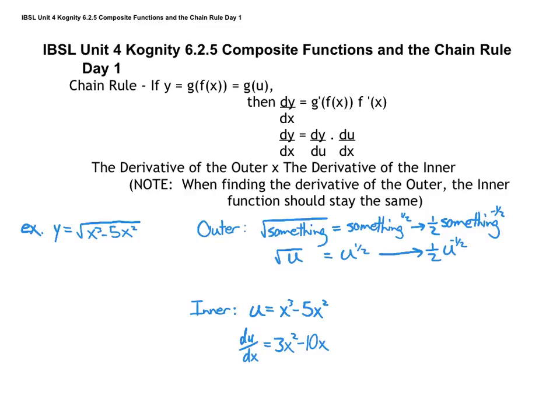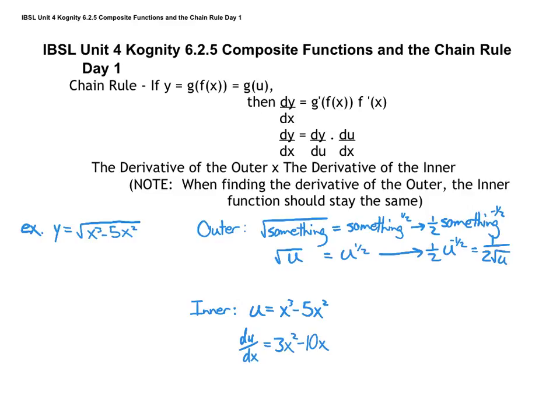But notice here, whether you're using the word something or whether you're using u, that u stays the same throughout this entire thing. Okay? And in the end, the derivative of the outer is 1/2 times u to the negative 1/2, or we could simplify that to 1/2 square root of u.